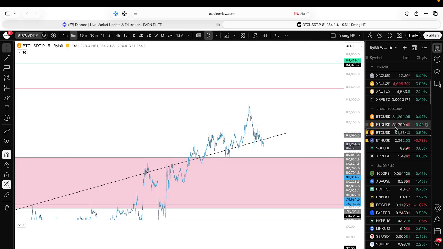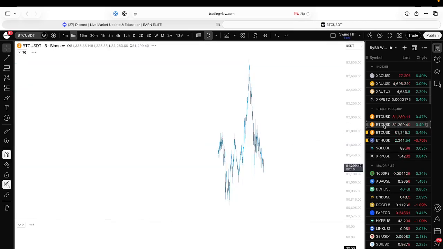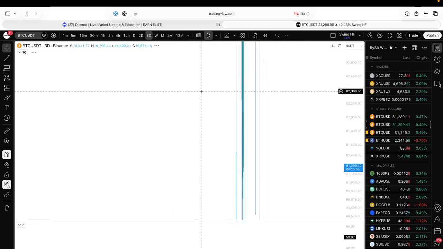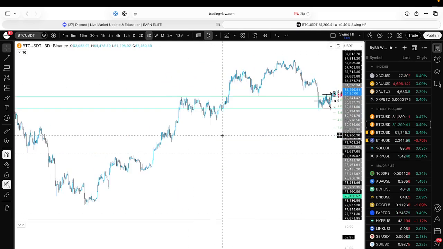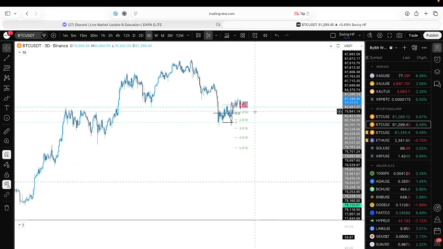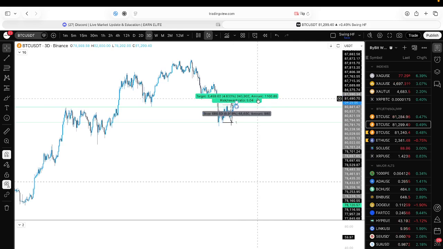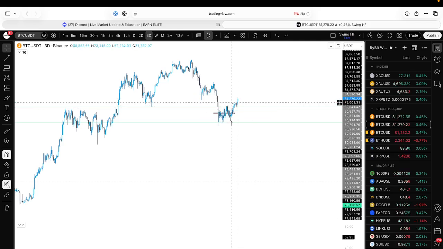At the same time, I think Bitcoin still needs to lose a lot of levels before another great run. If I zoom out from the chart, the thing is that now we gained back this important level here, one we were talking about, this green level.